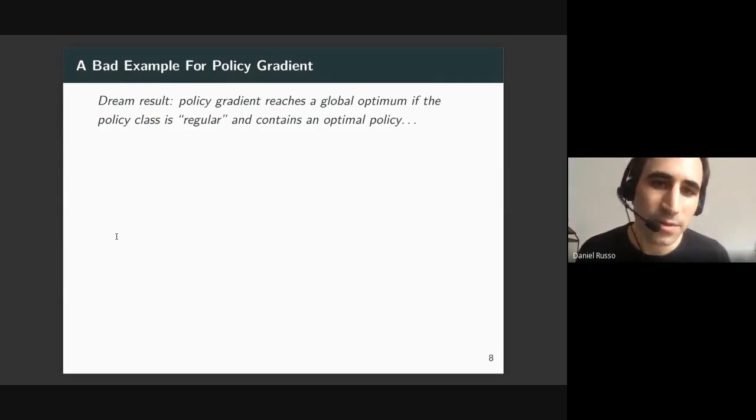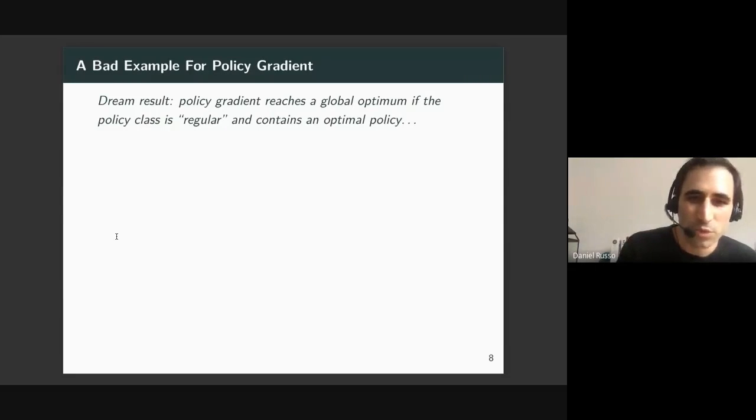So let's start. Here's my dream result. It's that you could say that policy gradient methods will reach the global optimum if the policy class is regular, so it has some regularity and smoothness conditions, and it contains an optimal policy.